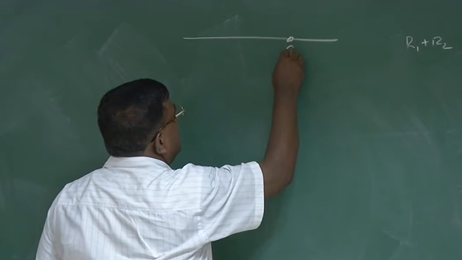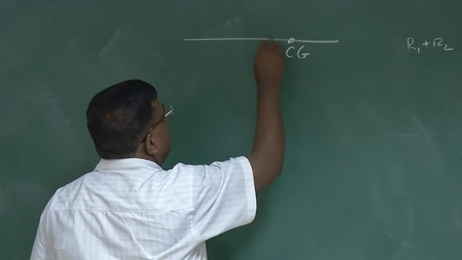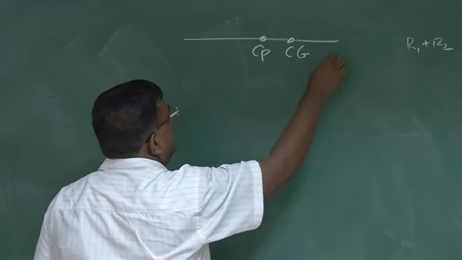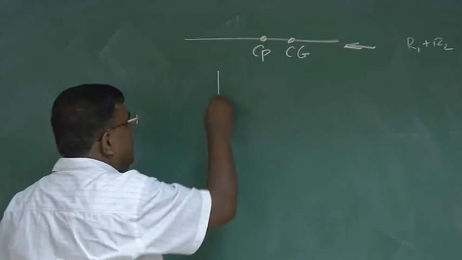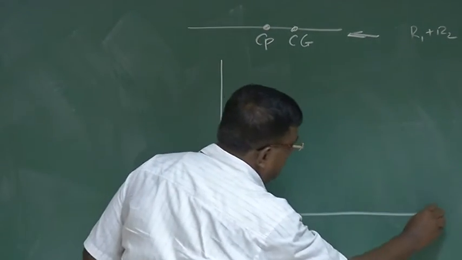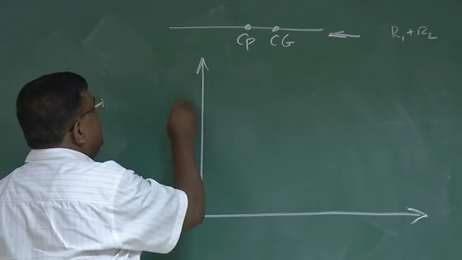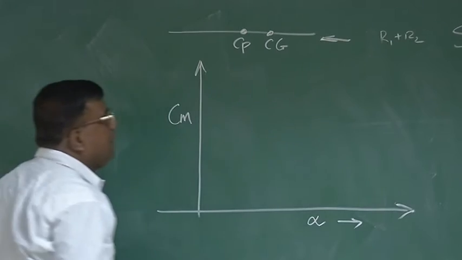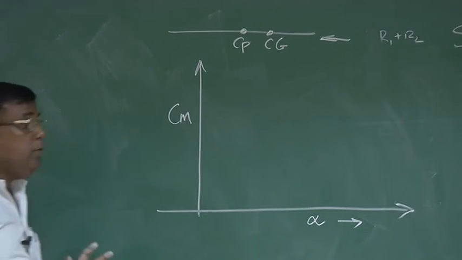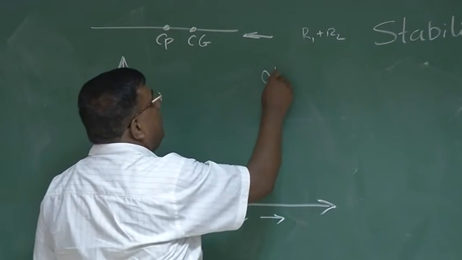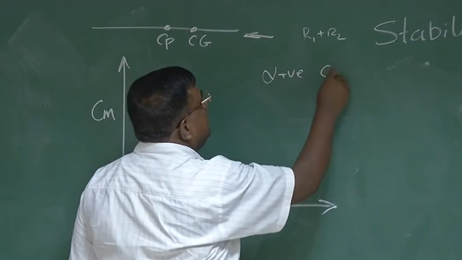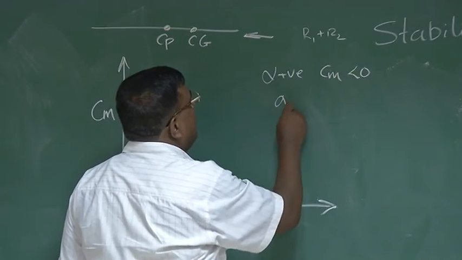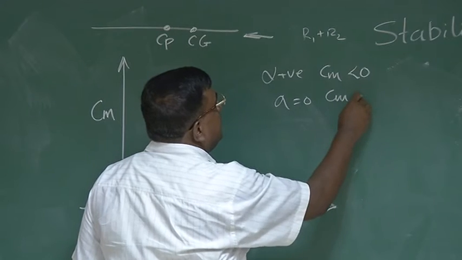What we are saying, this is the CG, and CP is here, and it is like this. We know it is statically stable. I am now translating this to the behavior of pitching moment coefficient with angle of attack. And what we have noticed is that for alpha positive, Cm is negative. For alpha equal to 0, Cm equals 0.